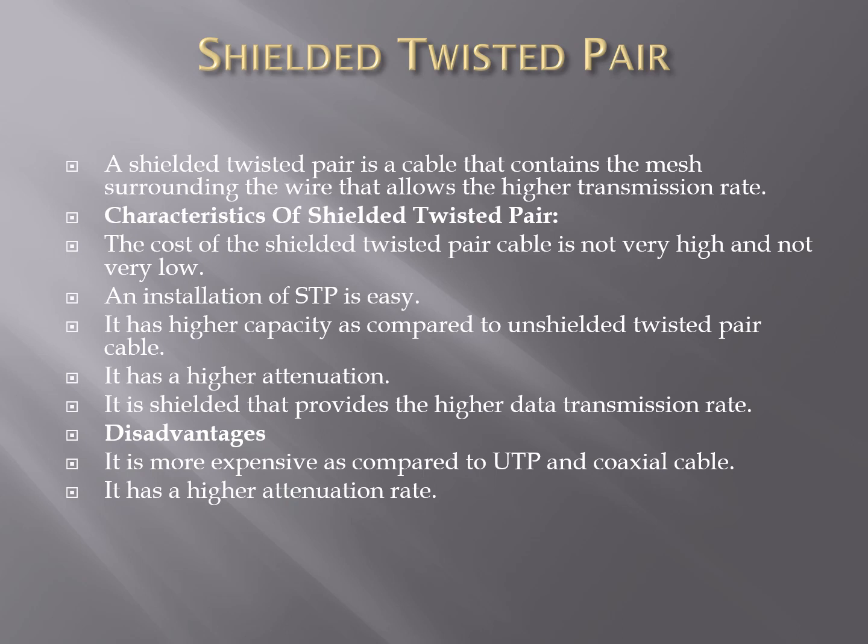It has a higher capacity compared to unshielded twisted pair cable. It has a higher attenuation. It is shielded, which provides a higher data transmission rate. Disadvantage of shielded twisted pair: it is more expensive as compared to UTP and coaxial cable. It has a higher attenuation rate.